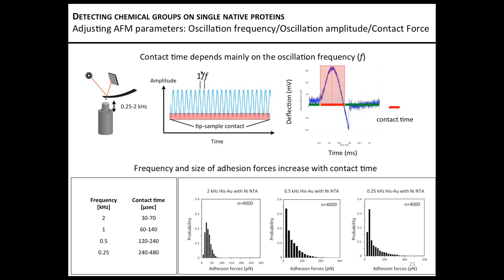So there must be really stable ligand-receptor pairs. But so far I prefer to work at half a kilohertz. This takes about 20 minutes per image. This can be quite a long time, but I made the experience that it led to much better results in terms of detecting specific interactions.